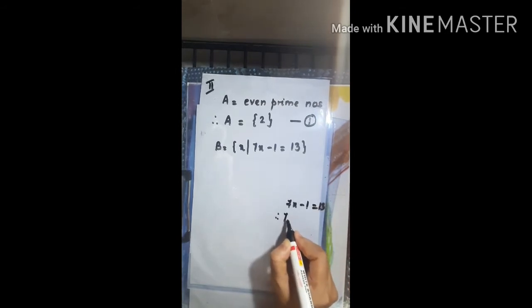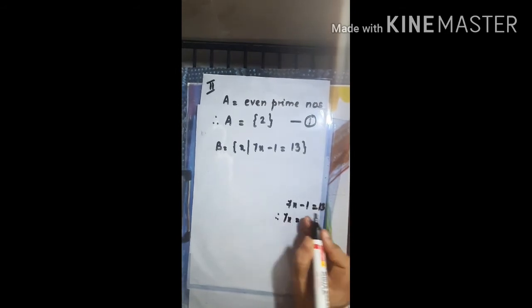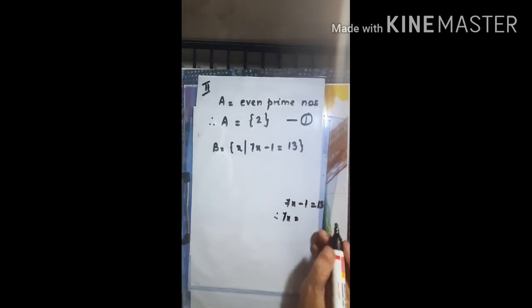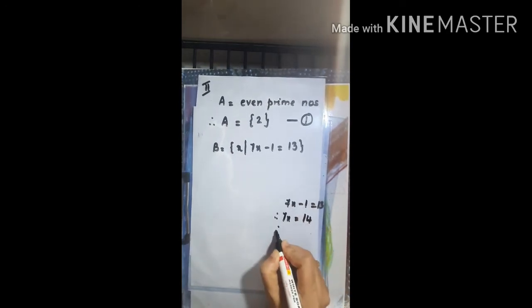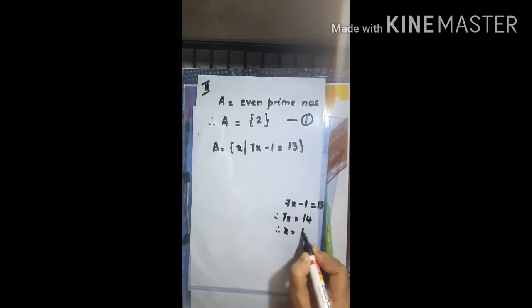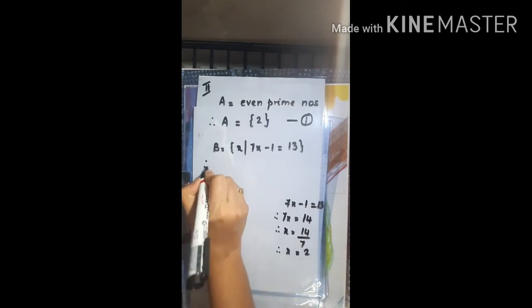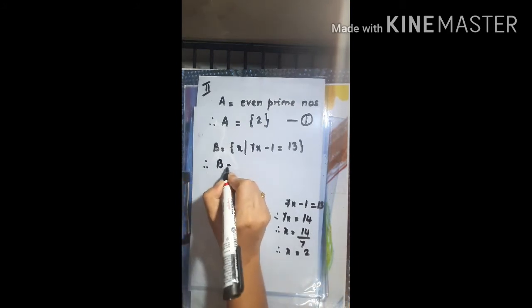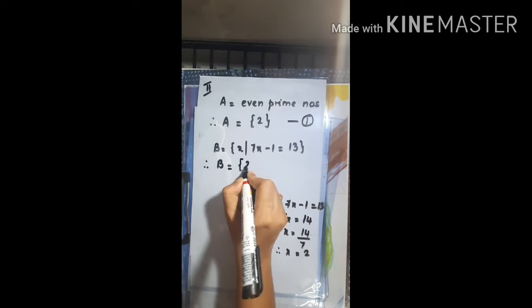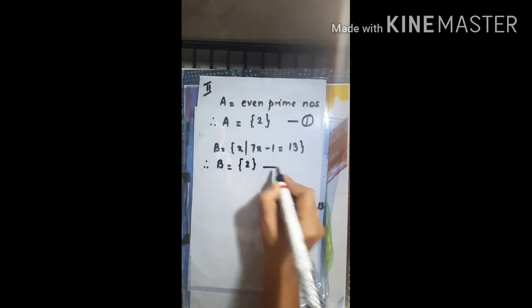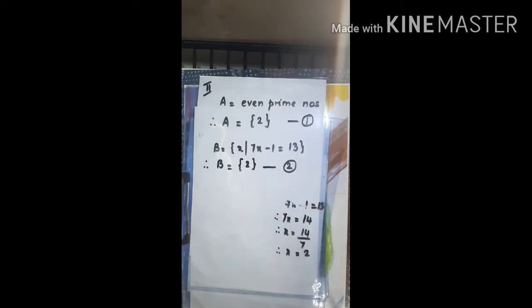Therefore, 7x is equal to 13 plus 1, which is equal to 14. Therefore, x is equal to 14 upon 7. x is equal to 2. Therefore, B is 2. This is my equation 2.